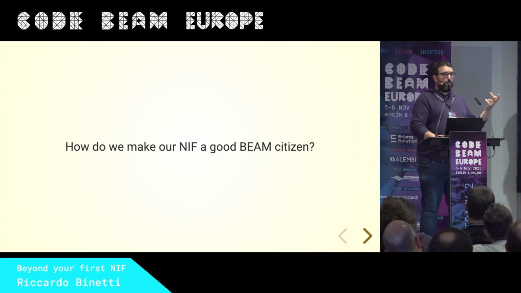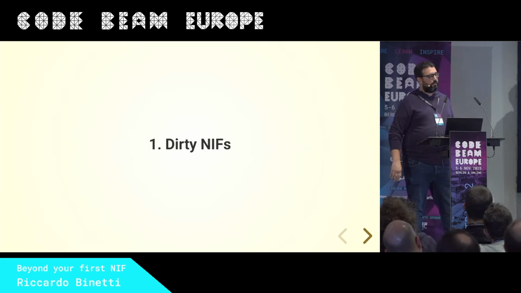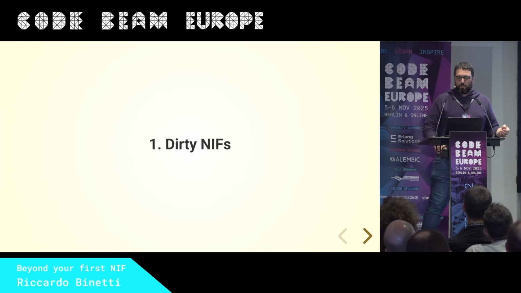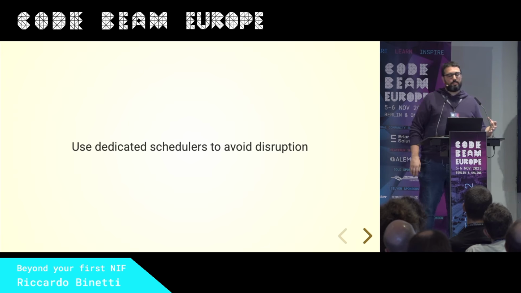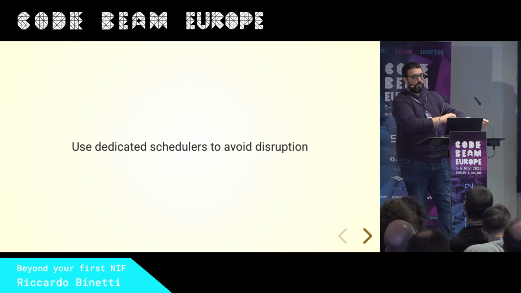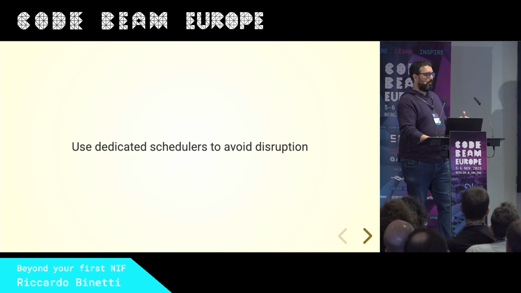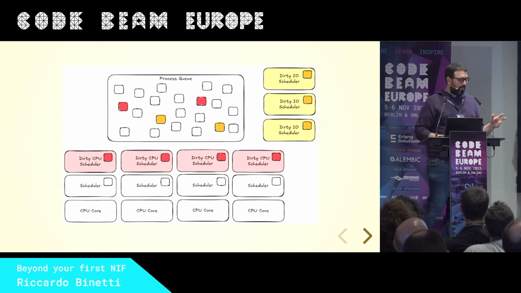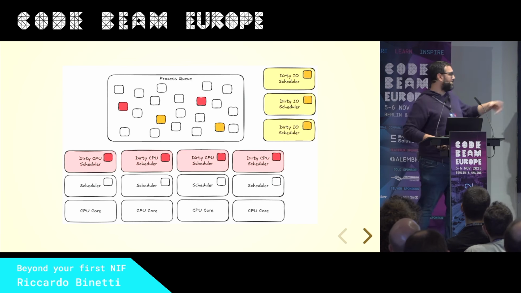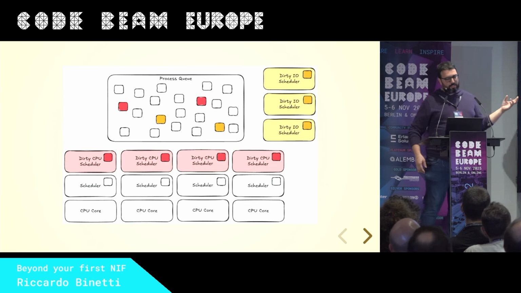There are 3 possible techniques. The first one is dirty NIFs. Basically, you use dedicated schedulers to avoid disruption. The previous diagram I showed you, I lied a little. This is more similar to the actual situation.